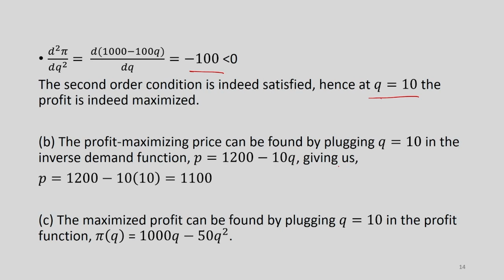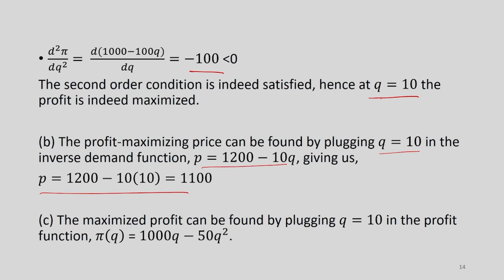The profit maximizing price can be found by plugging Q is equal to 10 in the inverse demand function, right. This is the inverse demand function, 1200 minus 10Q is the price. I put Q is equal to 10 here, I get P is equal to 1100. So, this is the optimal price.